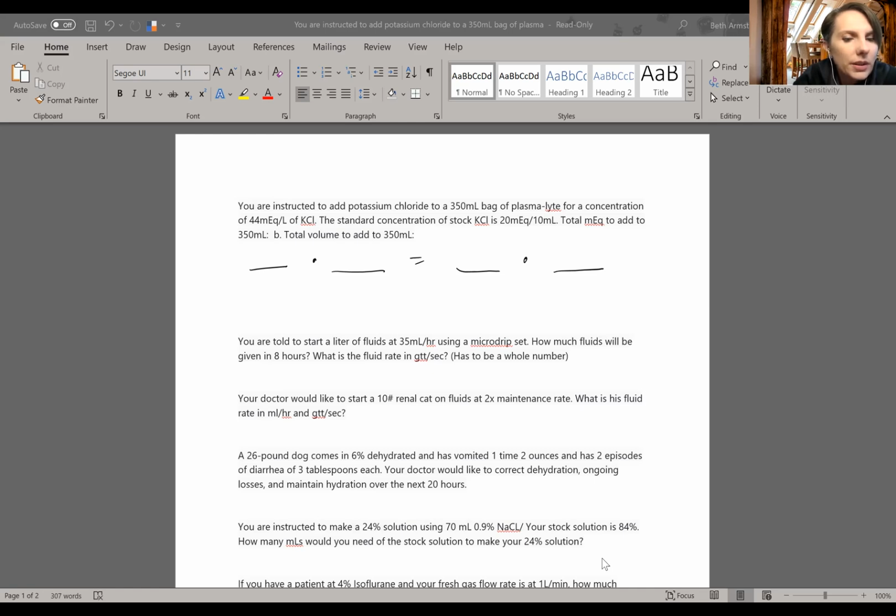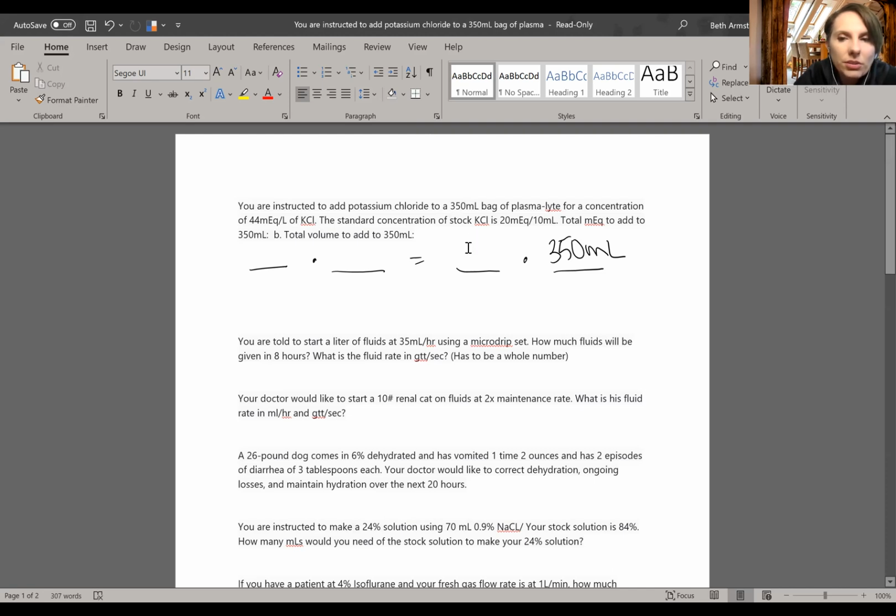So if you had the 44 milliequivalents per liter, think about what you currently have, right? You currently have 350 milliliters, and you are trying to figure out how many milliequivalents you're going to have to add.